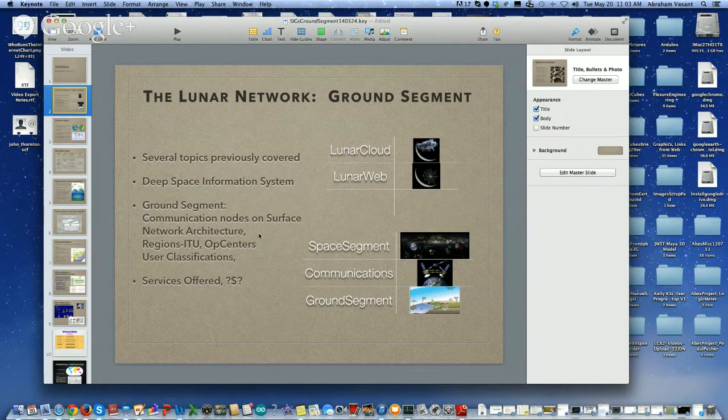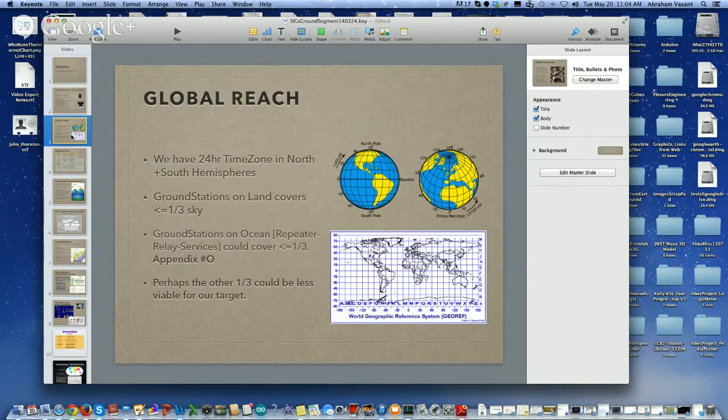The ground segment includes the communication nodes on the surface, the network architecture, the regions defined, for example, like ITU, the op center that's going to be significant in these regions, and the user classification. Later on, if we have time, we'll take a preliminary peek into the services offered. On to the next slide.